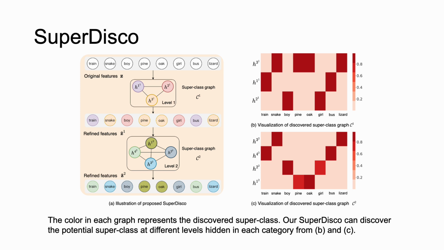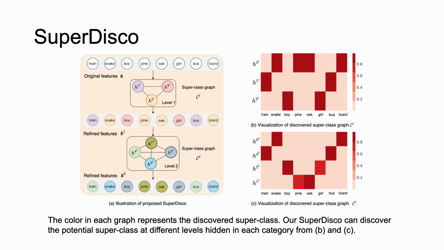The right figure shows the visualization of the discovered superclass graph. From figure B, we can see that the boy and the girl are categorized in the same superclass H2.